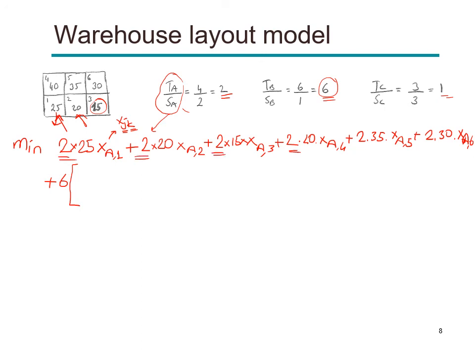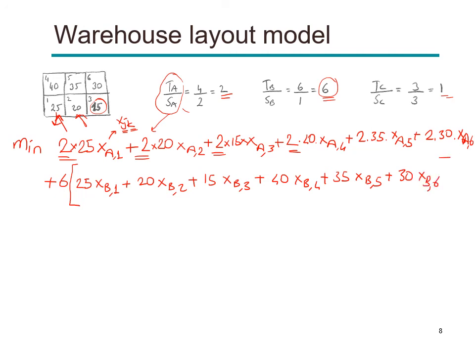So I will write in common parentheses 6 times 25 xb1 plus 20 xb2 plus 15 xb3, 40 xb4, 35 xb5, and 30 xb6.